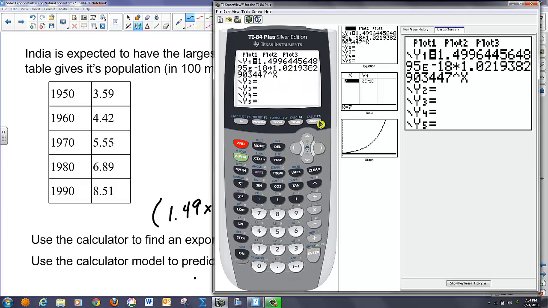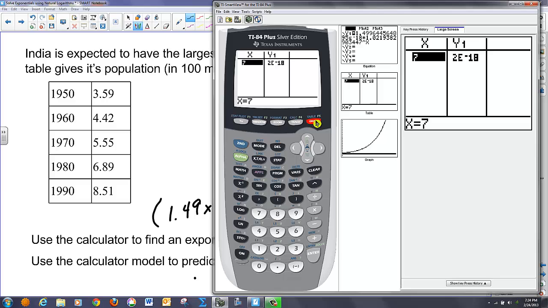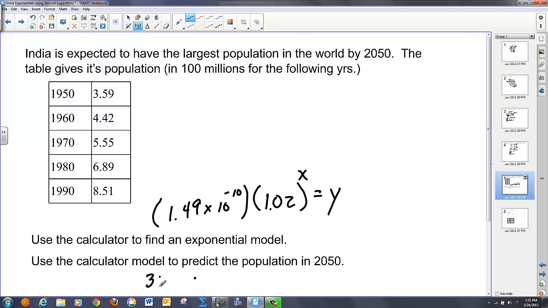Now move back over to our table, hit second graph, and we want to plug in the value of 2050 for the year, and that will get us a y value of roughly 31.37. And that's how we go and do that.